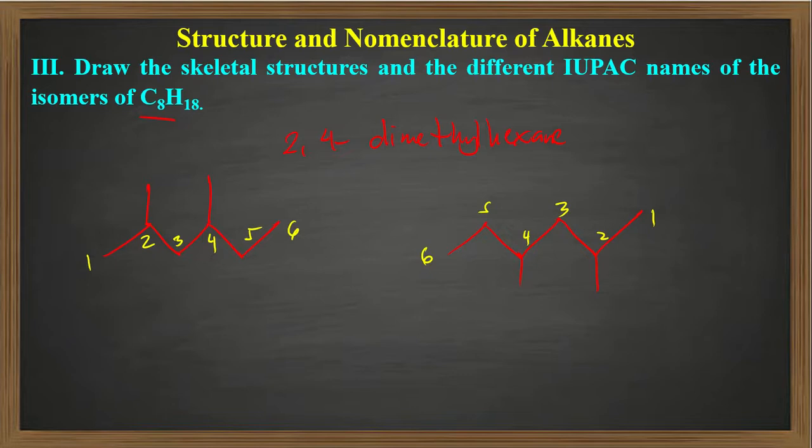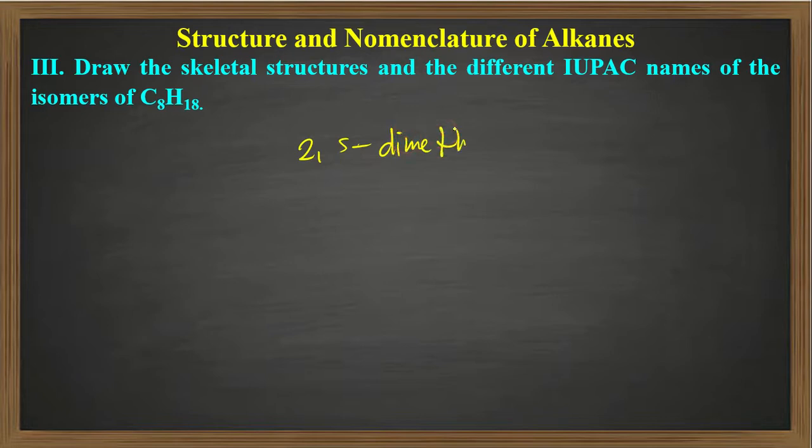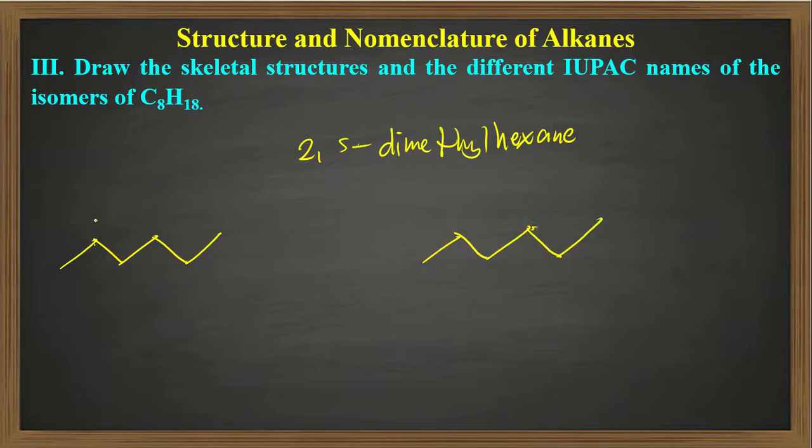We can move one methyl further to carbon number 5. So this will be called 2,5-dimethyl hexane. Still hexane. So we have here 2, 3, 4, 5, 6. 2, 3, 4, 5, 6. So carbon 2, carbon 5, carbon 2, carbon 5.